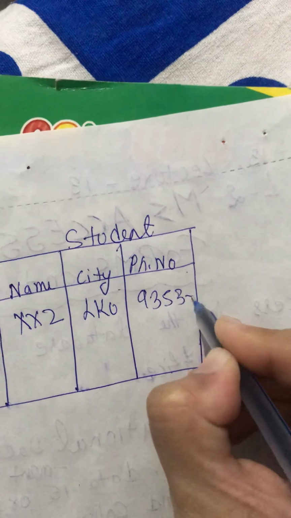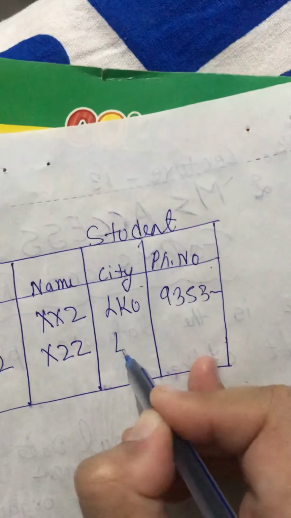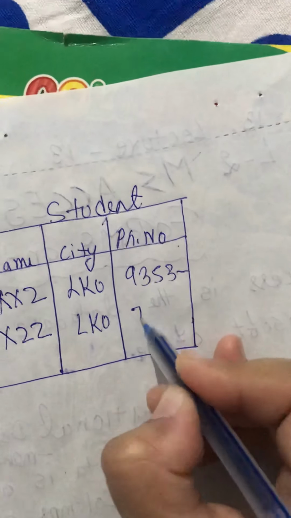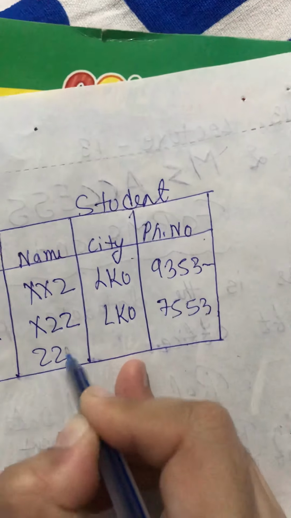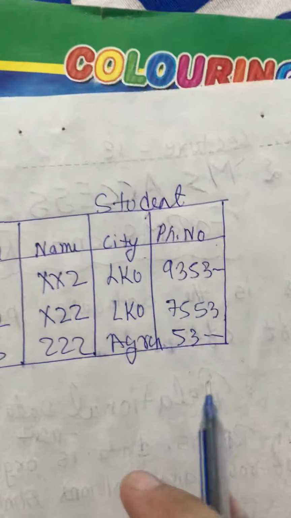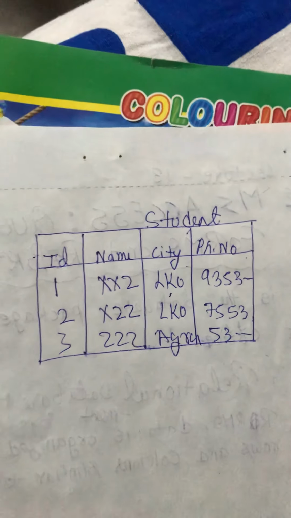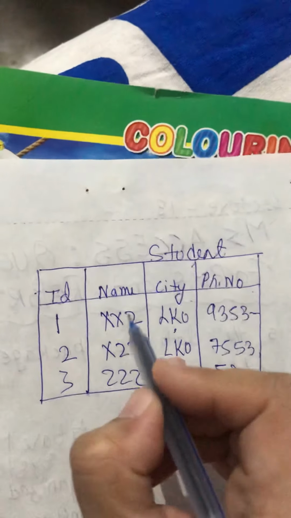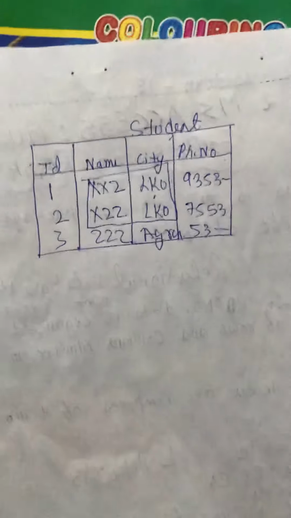ID number 2, name like this, city Lucknow, and phone number, you can insert any number, and 3 is like this. Now you want to see the records of all those students who are living in the city Lucknow. Then MS Access provides you the facility to see the records of those students that are living in the city Lucknow with the help of some queries.